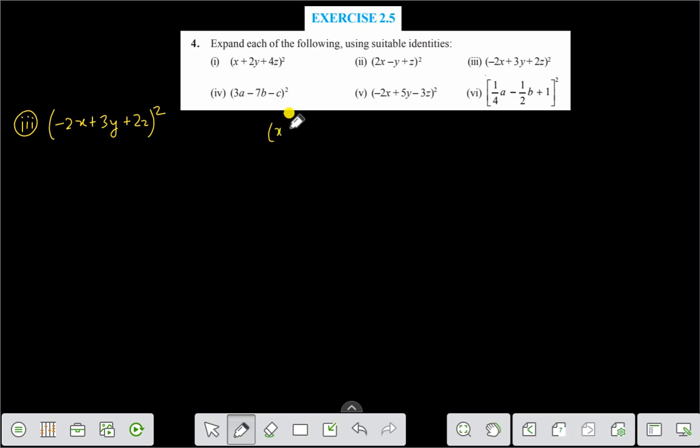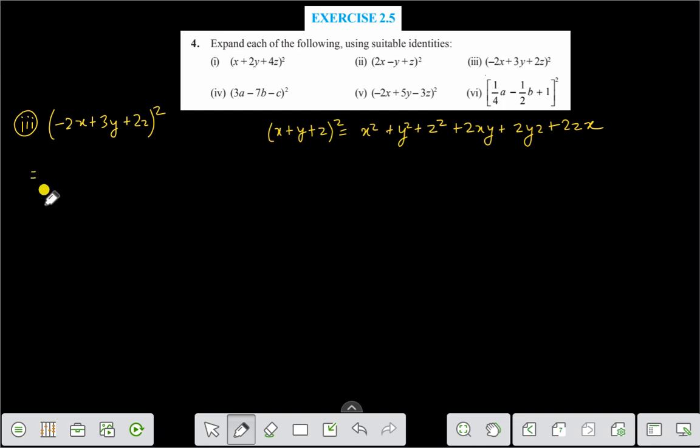Apply the identity x plus y plus z whole square is equal to x square plus y square plus z square plus 2xy plus 2yz plus 2zx. Right? Let us find this one.